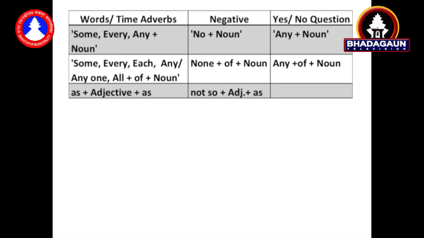Again, some or every or each or any or anyone or all plus of plus noun is changed into none plus of plus noun in negative, and some, every, any, anyone, all, all these are changed into any in yes no question. So any plus of plus noun.